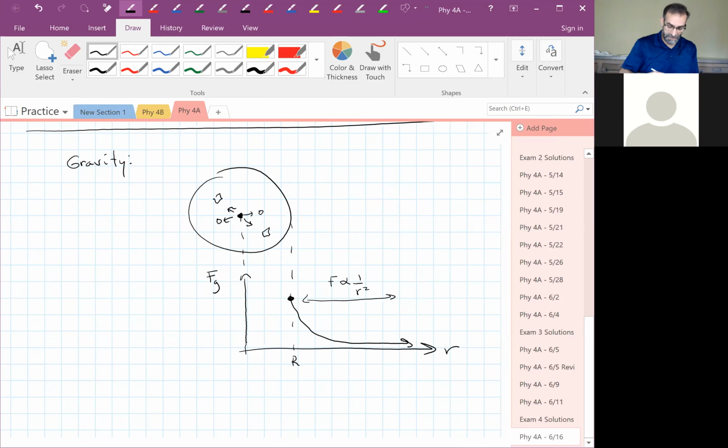If we're inside of a spherically symmetric distribution of mass, at the center, it has to be 0. It turns out, which we will see in a minute, it increases linearly in this region. So let's take a look at why that is.